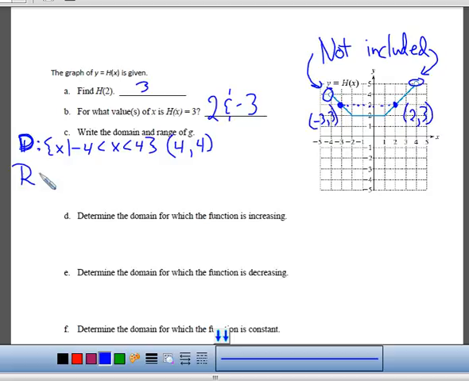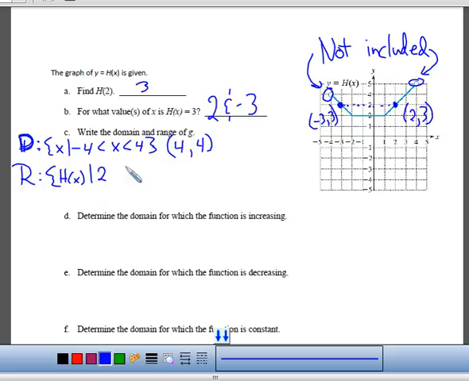Range. So our function is h of x, such that, now look at the top and look at the bottom. So the bottom is at 2. Now, we're including this, alright, because we have several points on this, and they would be shaded in. So this one's going to be included.